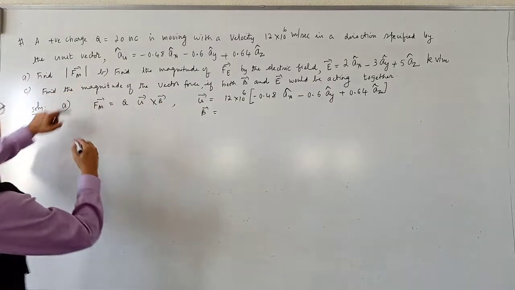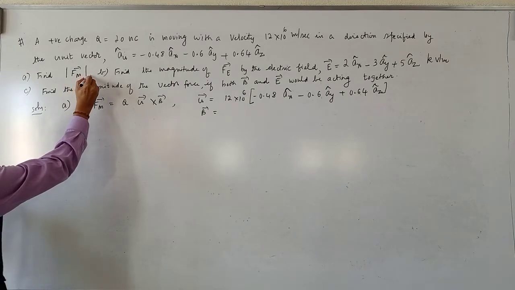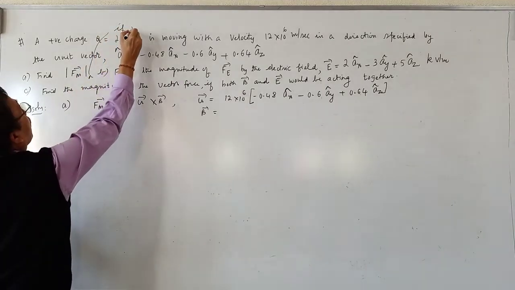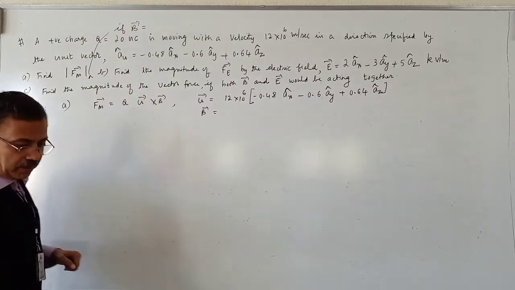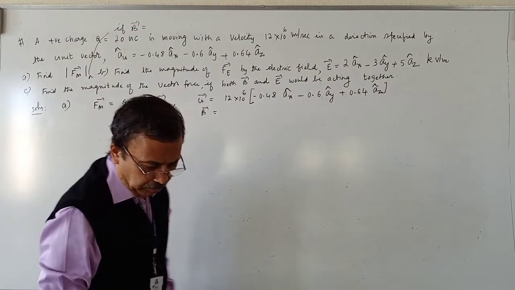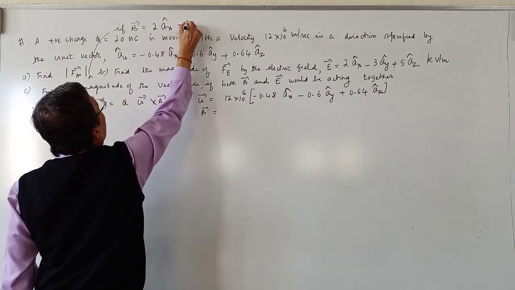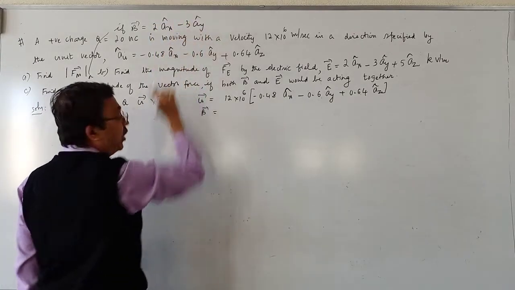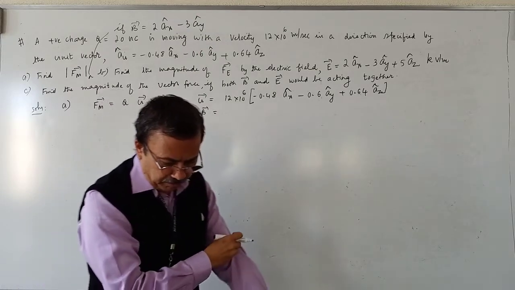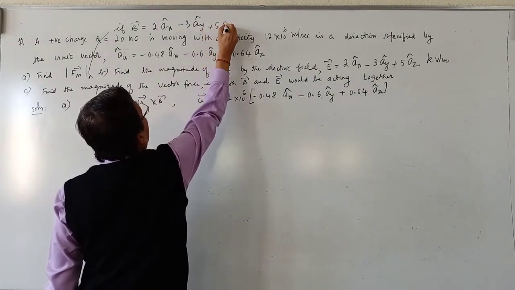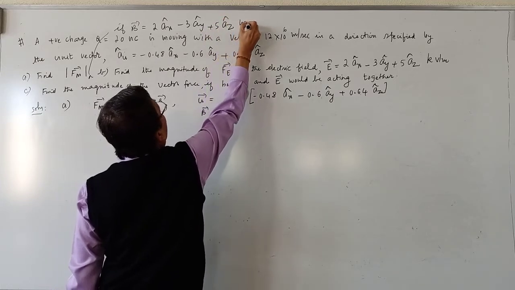So for this part, add vector B. Let vector B be equal to 2 aX minus 3 aY plus 5 aZ millitesla.